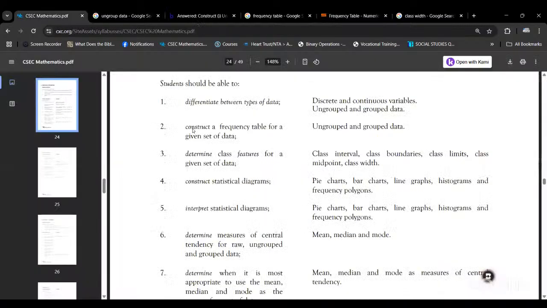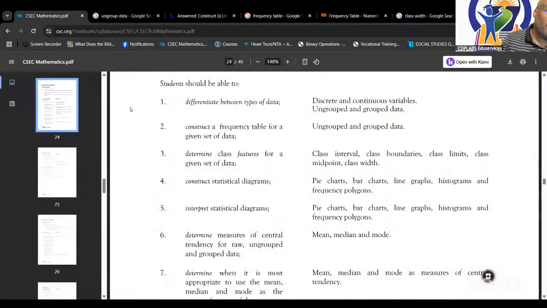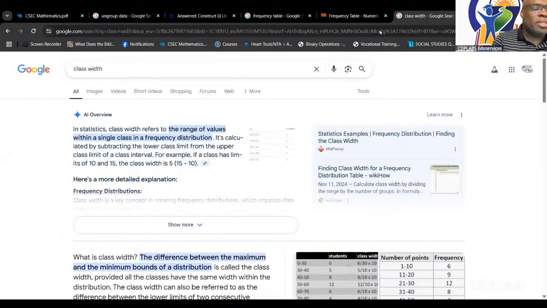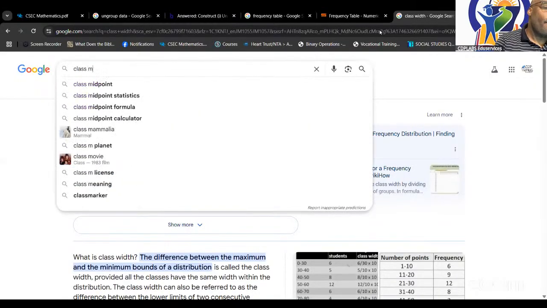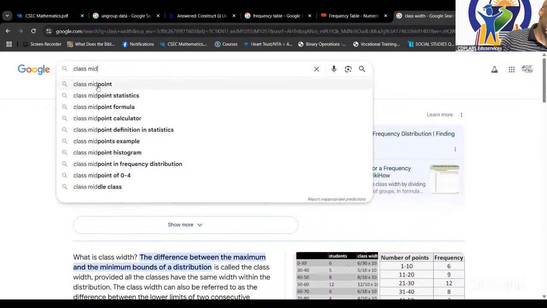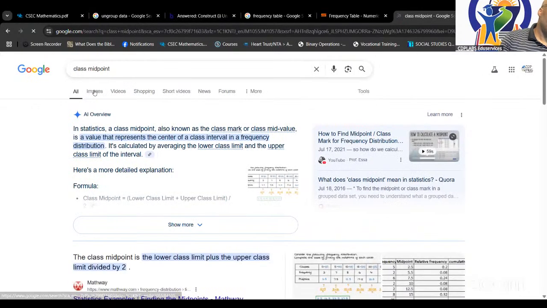Good question. But the class midpoint now, all right, let's look for the definition. Just to be on the same side, all right? Now, the class midpoint, also known as the class mark or the class mid value, is a value that represents the center of a class interval in a frequency distribution.